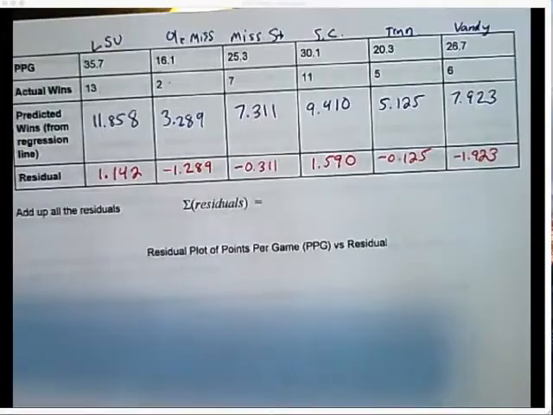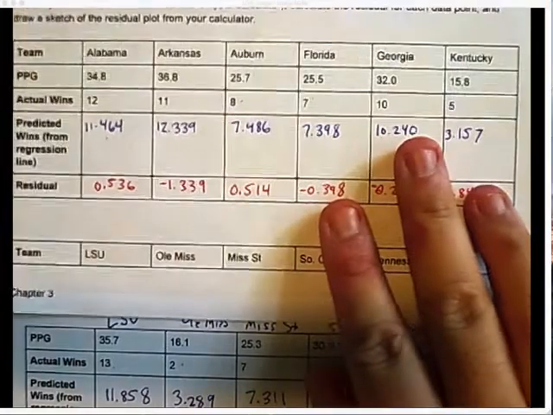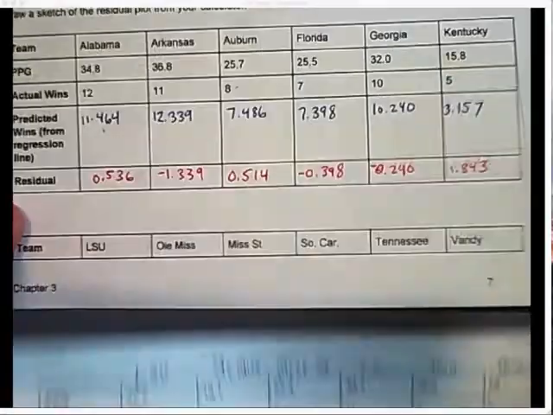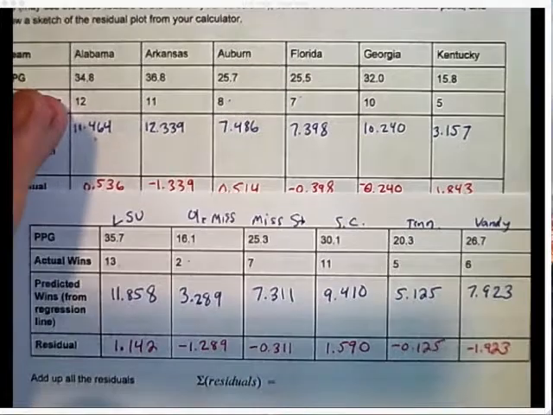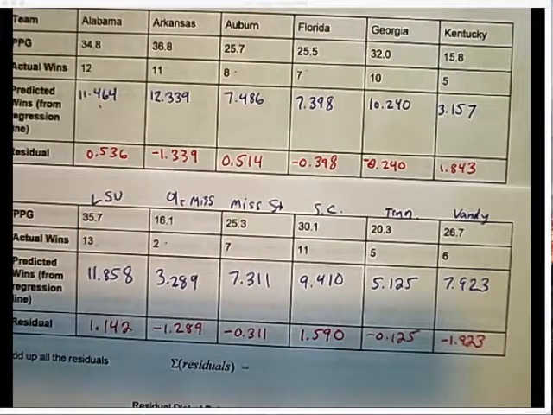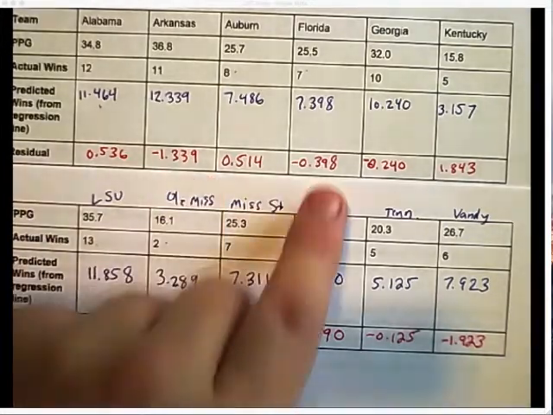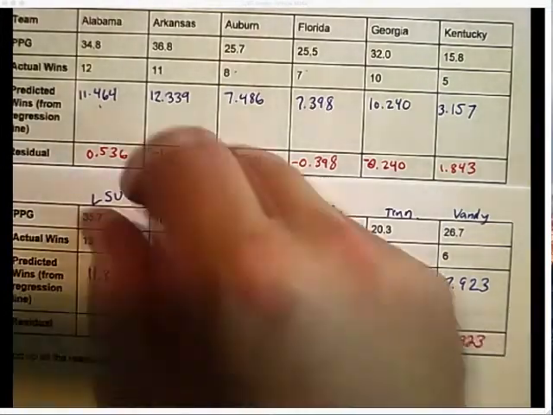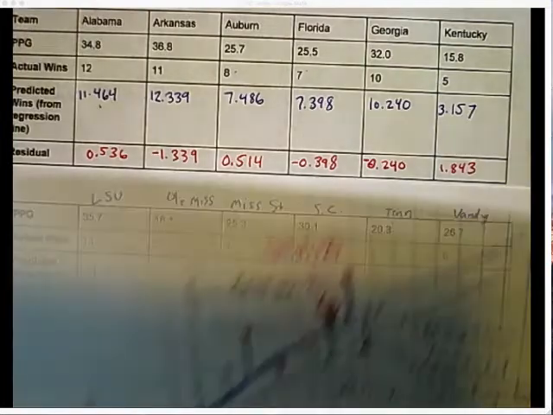Okay. So again, these red numbers, I'm going to show them to you side by side. These numbers in red, that's the residual for each data point.